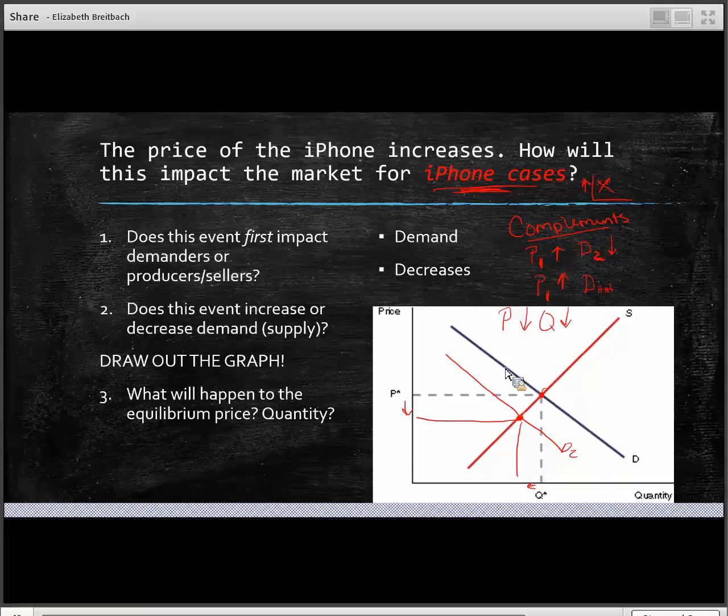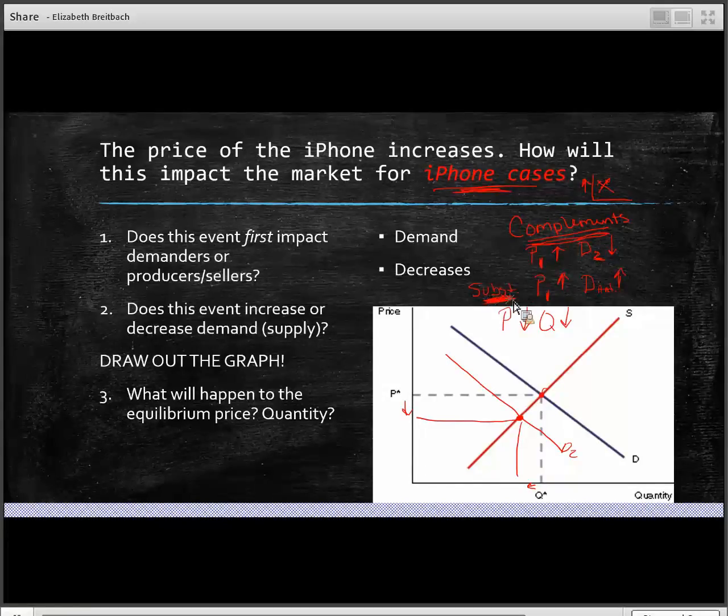Since Androids and iPhones are substitutes, the demand for Android phones increases. So price and demand for complements in consumption have an inverse relationship. Price and demand for substitutes have a direct relationship.